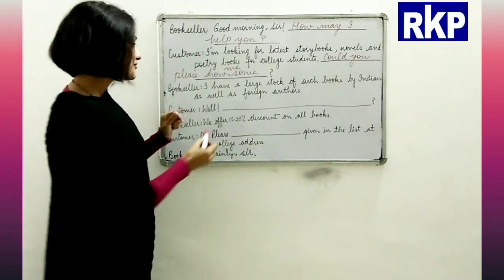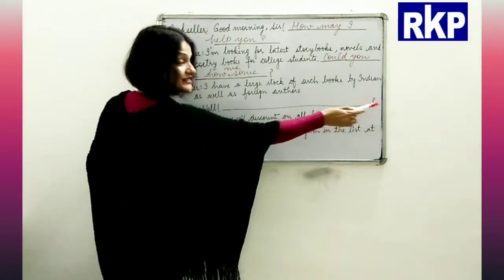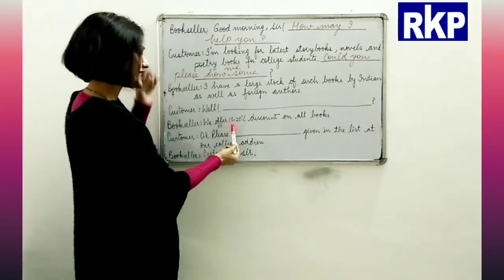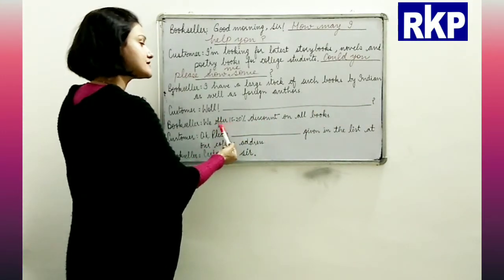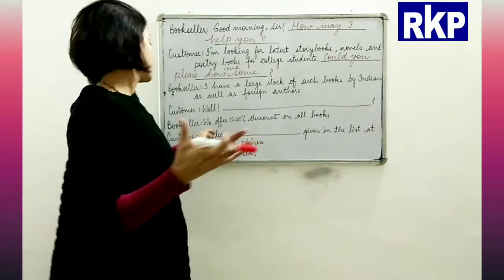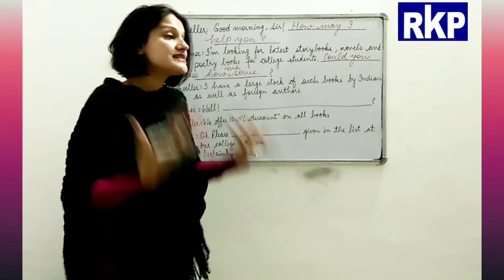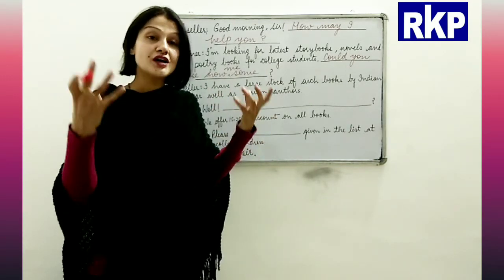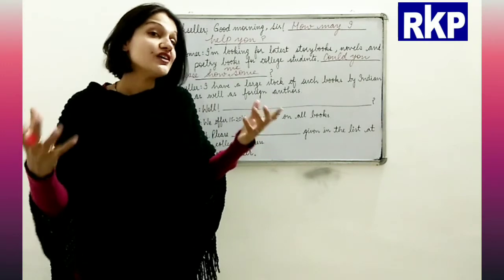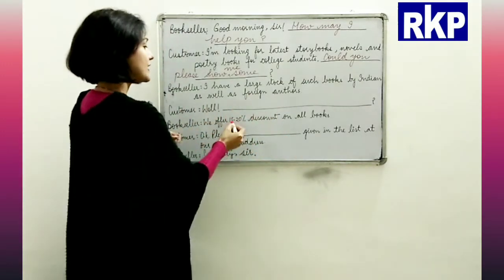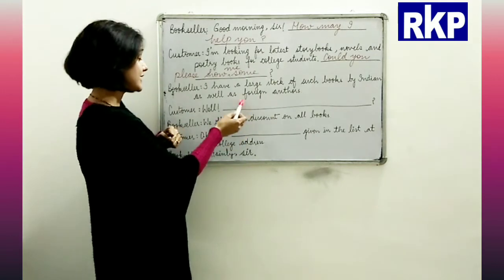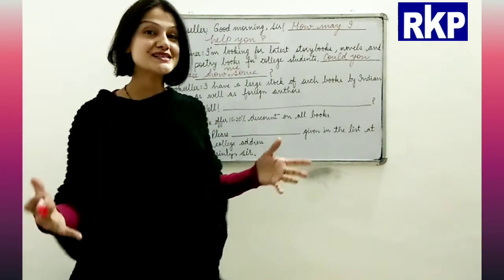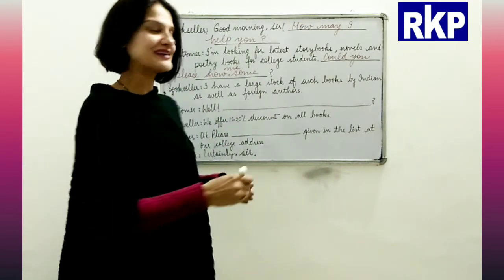Now here we have a question mark, and in the next sentence we get the answer, like we offer. The bookseller is telling how much discount he offers. So it's very clear that the customer must have asked about the discount they offer.